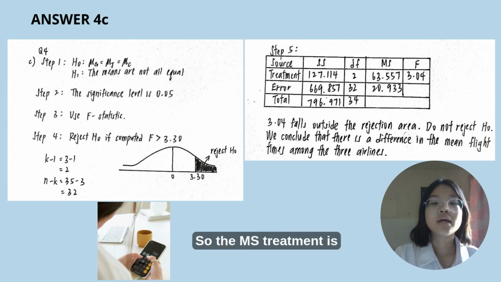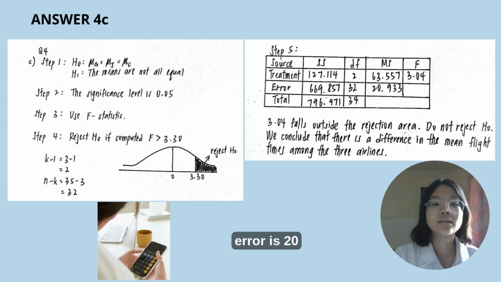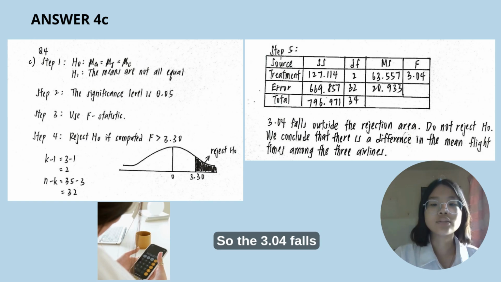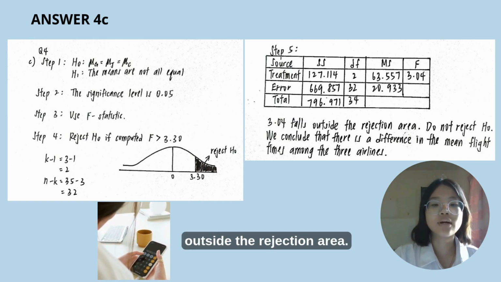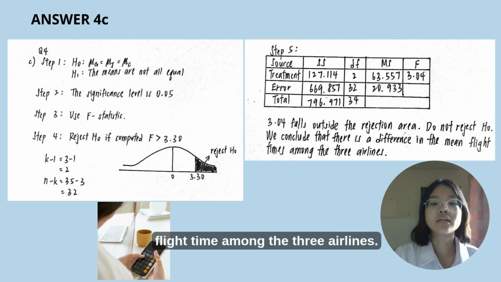So the MS treatment is 63.557 and MS error is 20.933. The F value is 3.04. So the 3.04 falls outside the rejection area, do not reject H sub 0. We conclude that there is a difference in the mean flight time among the three airlines.